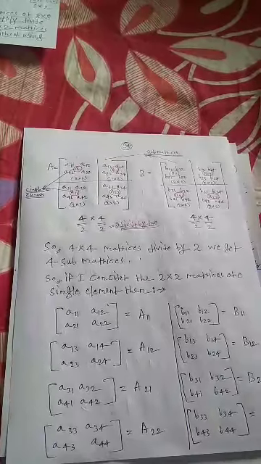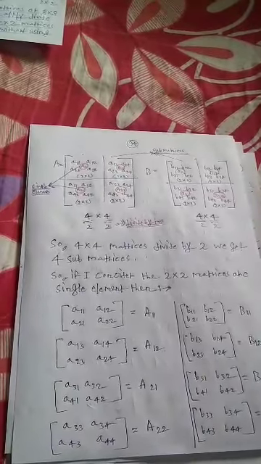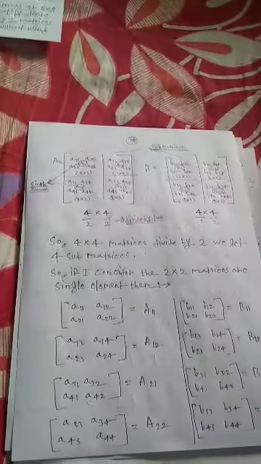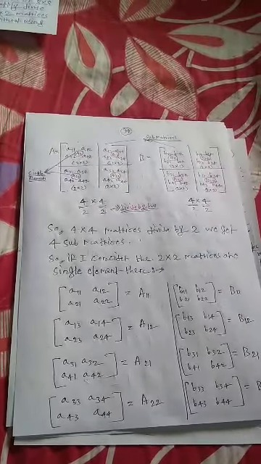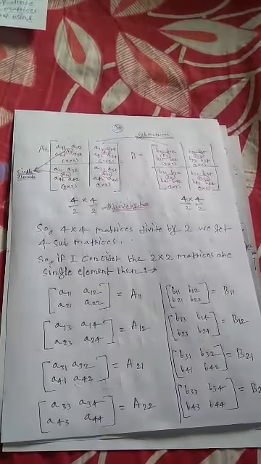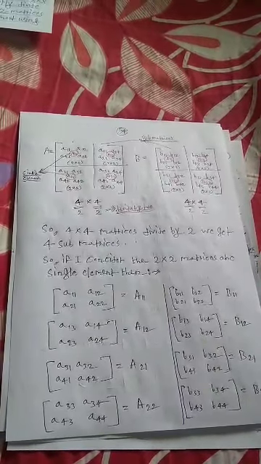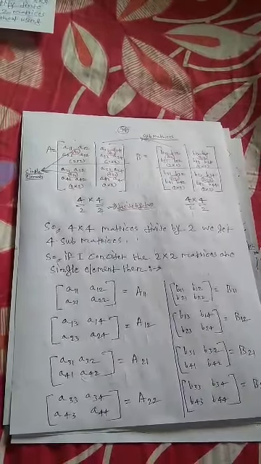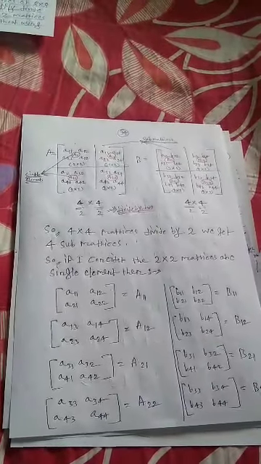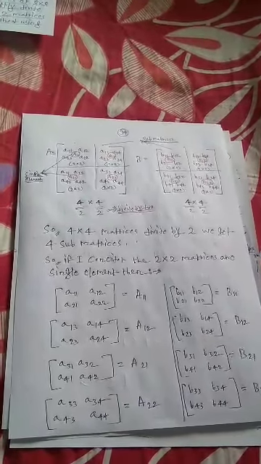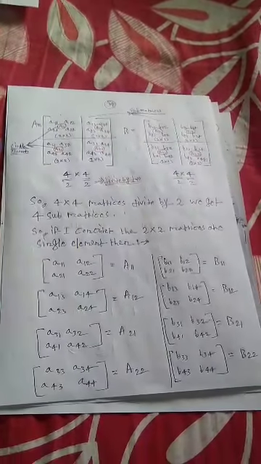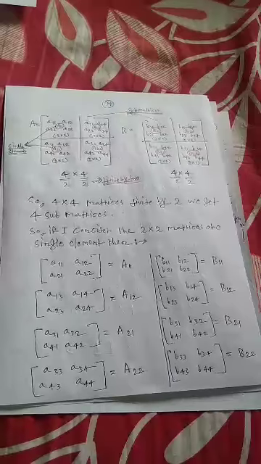If I consider each 2 into 2 matrix as a single element, then each part of the 4 into 4 matrix, divided by 2, gives 4 of 2 into 2 matrices. Each 2 into 2 matrix will be considered as a single element, like A11, A12, A21, A22, B11, B12, B21, B22.